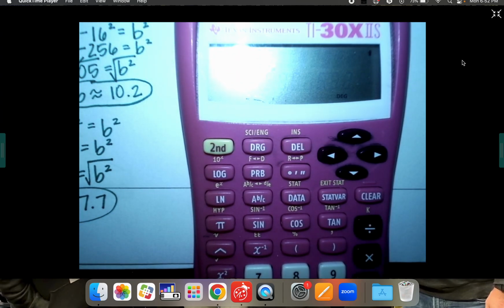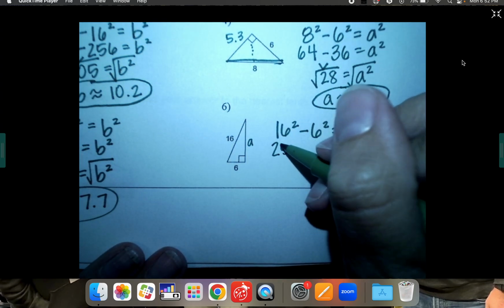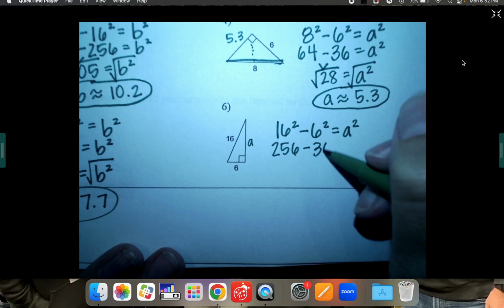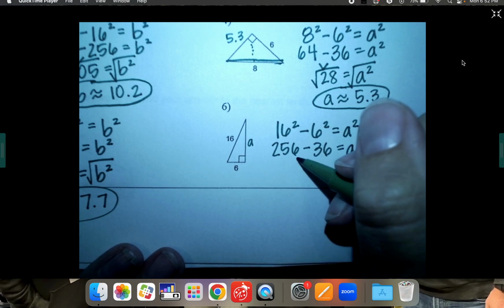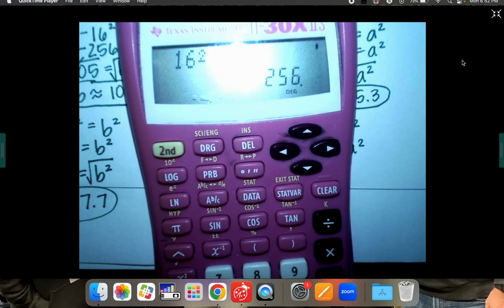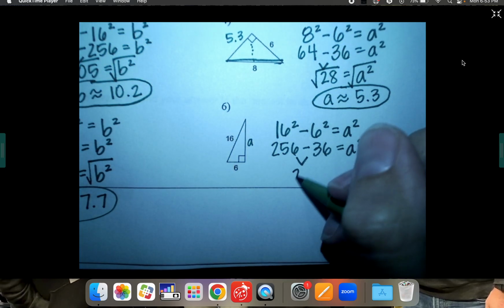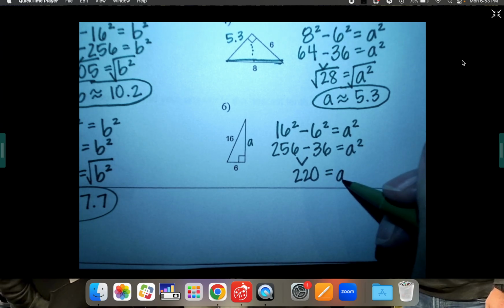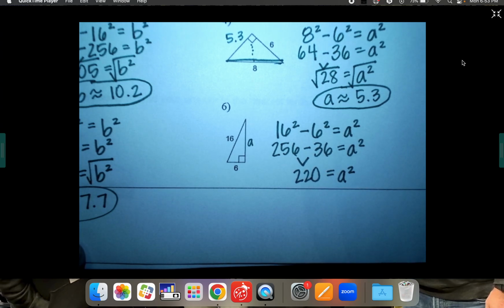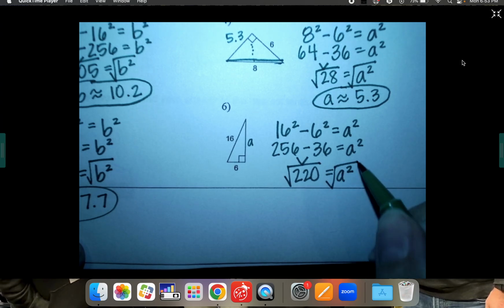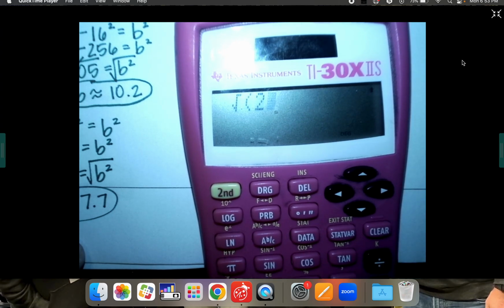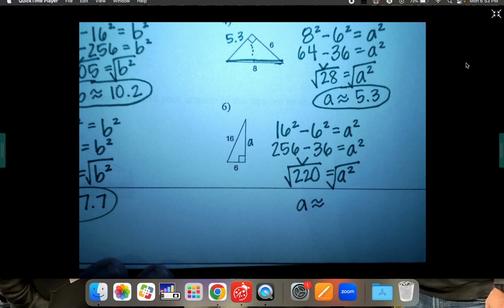So I'll just do it again. 16 squared is 256. 6 squared is 36. 256 minus 36 is 220. And 220 equals a squared. So last step is we need to square root it to find out what just a is. The square root of 220 is about 14.8.